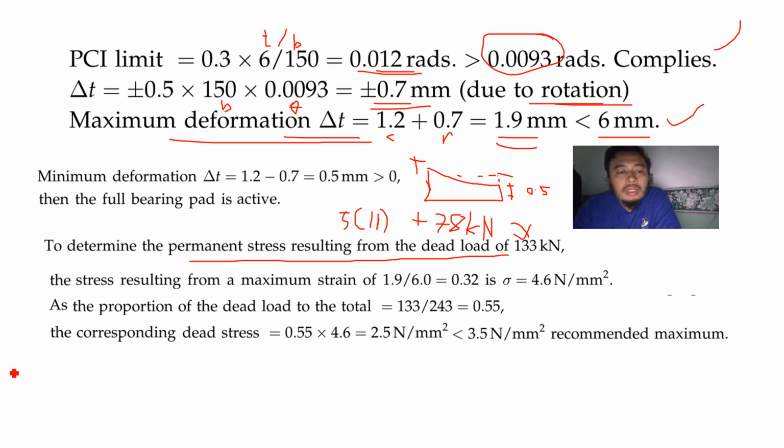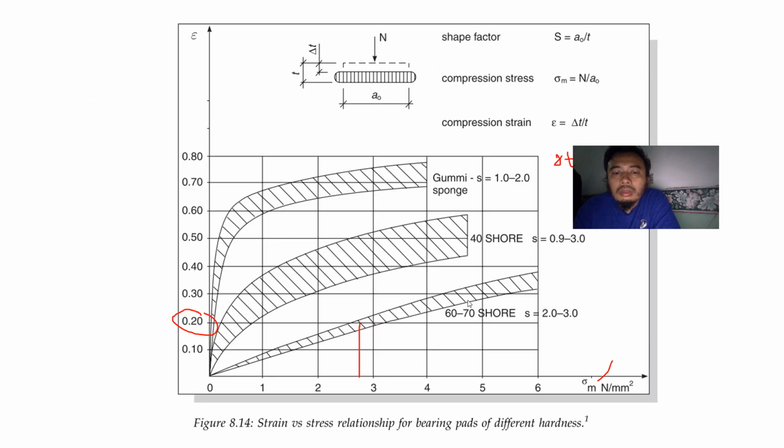So the stress resulting from the maximum strain of 1.9, so this is your maximum load. Maximum strain is the maximum deformation divided by your total thickness. So 1.9 divided by 6 is 0.32, which is based on the equation.